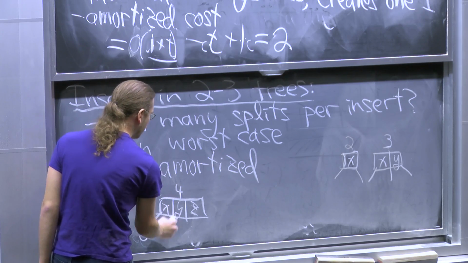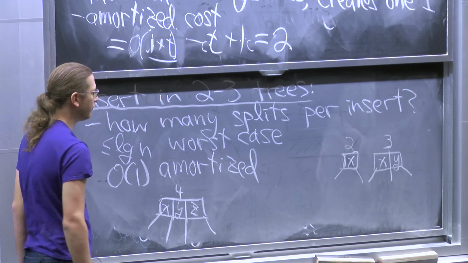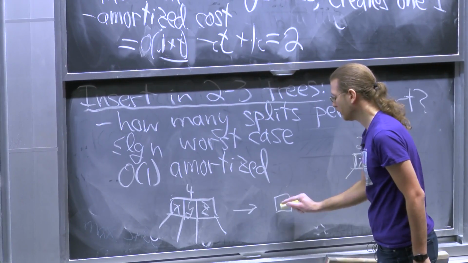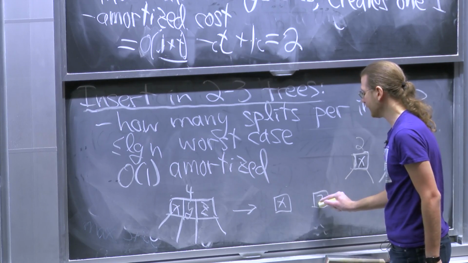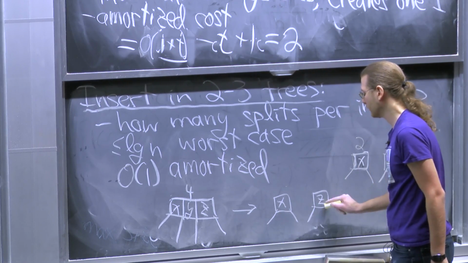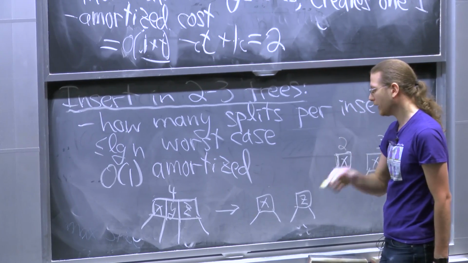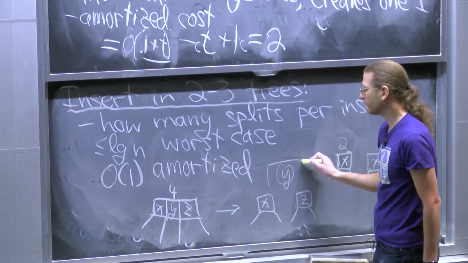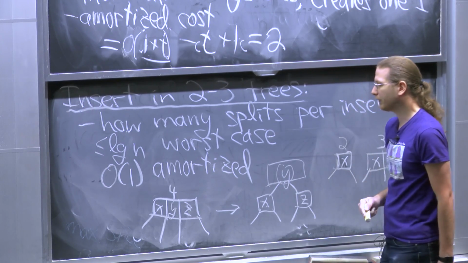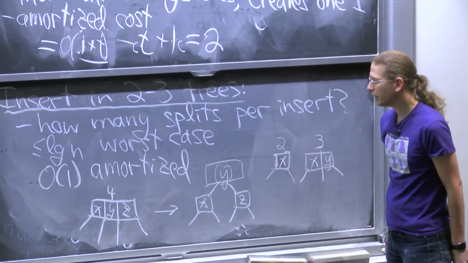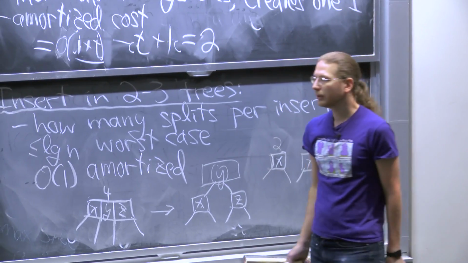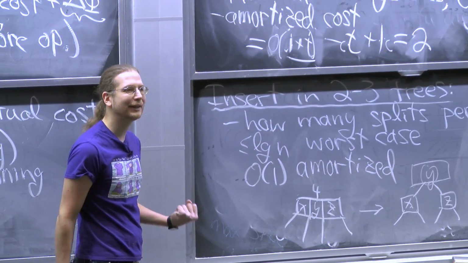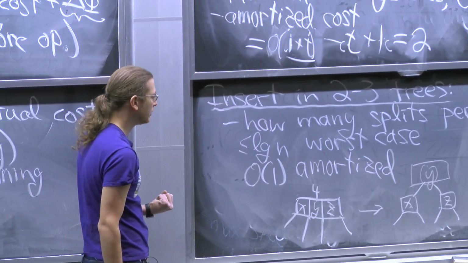It's a 4 node. It has 4 children, hence the 4. And we split it into x and z. There's the 4 children, same number. But now they're distributed between x and z. And then y gets promoted to the next level up, which allows us to have 2 pointers to x and z. That's how 2-3 trees work. That's how split works. Now, I want to charge the splitting to something intuitively.